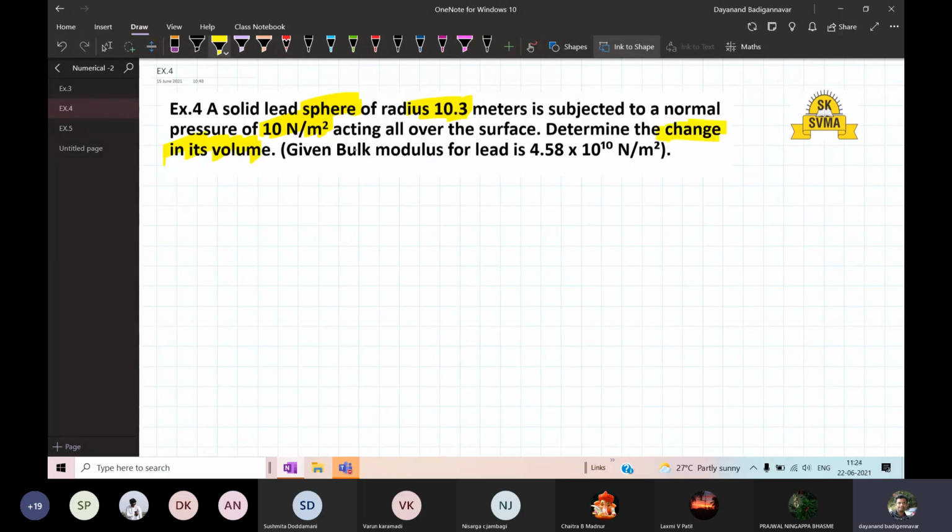Okay, given the bulk modulus of lead is 4.58 into 10 to the power of 10 Newton per meter square. So this is the problem you have. You have to find the change in volume.